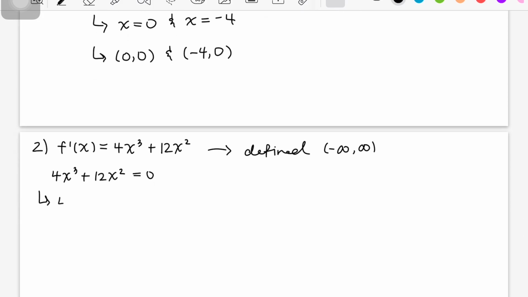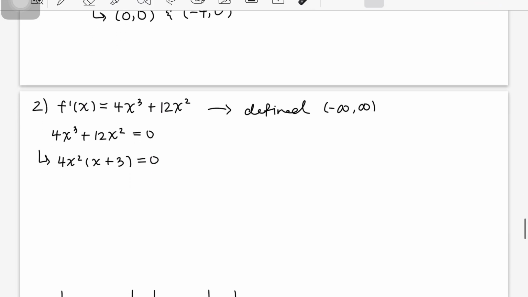So pulling out a 4x squared from both of these terms, we get x plus 3 there. And then this tells us that if this were to equal 0, we would need either x to be equal to 0 or x to be equal to negative 3 here.